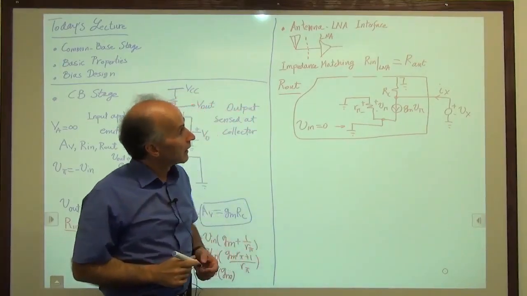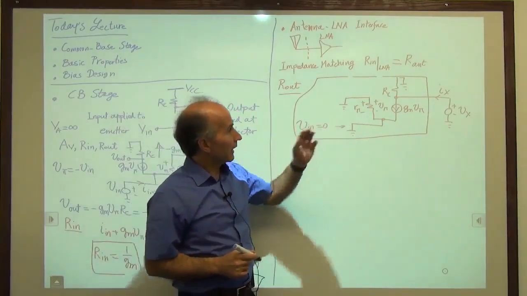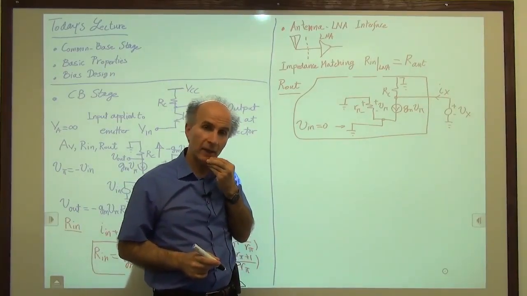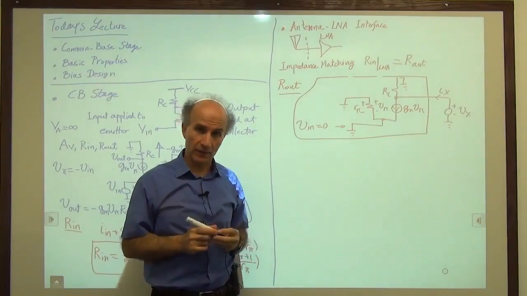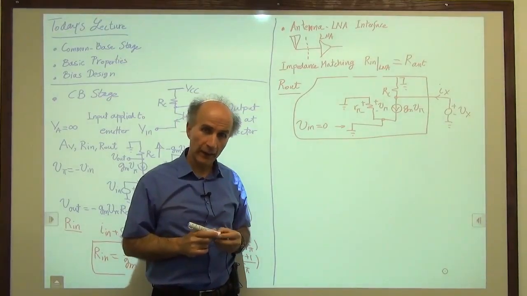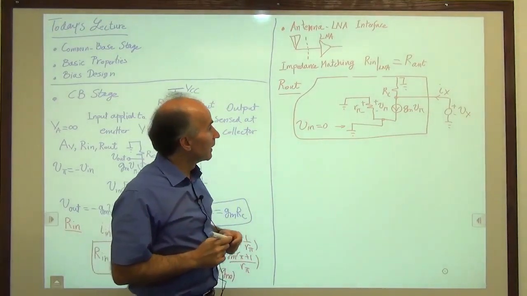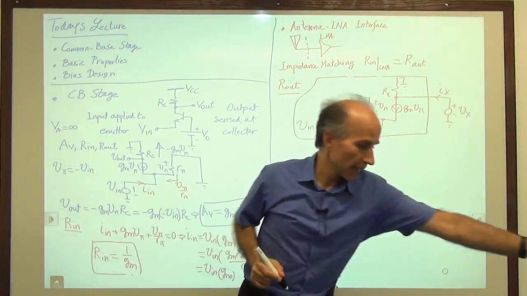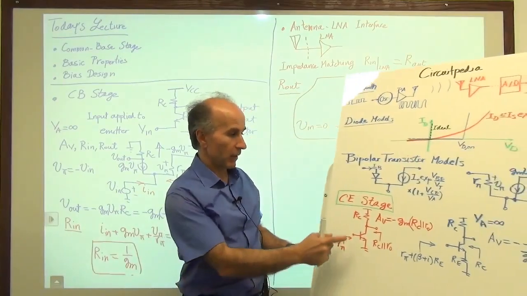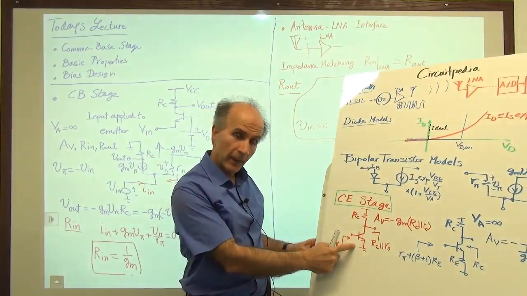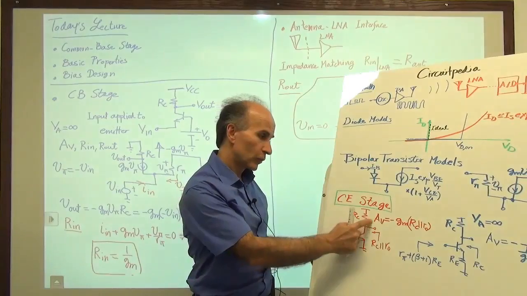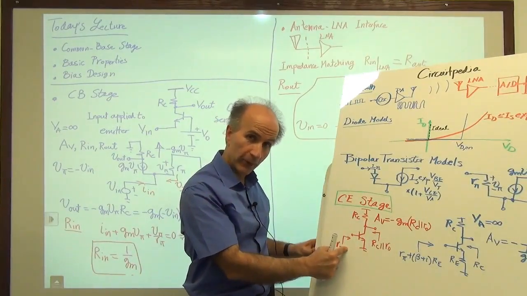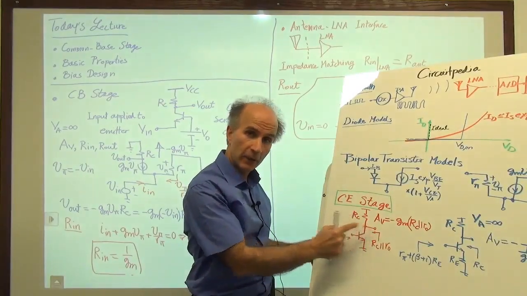Okay. Now, if you look at this very carefully, you will soon realize that we don't actually need to do any calculations. Why? Well, because of the following. Let's go back to our common emitter stage and try to draw the small signal model of this circuit, again for the purpose of finding the output impedance.